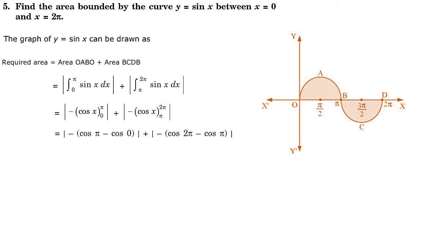Then when we apply the limits, upper limit minus lower limit, that means minus of cos pi minus cos 0, plus the modulus of minus of cos 2 pi minus cos pi.